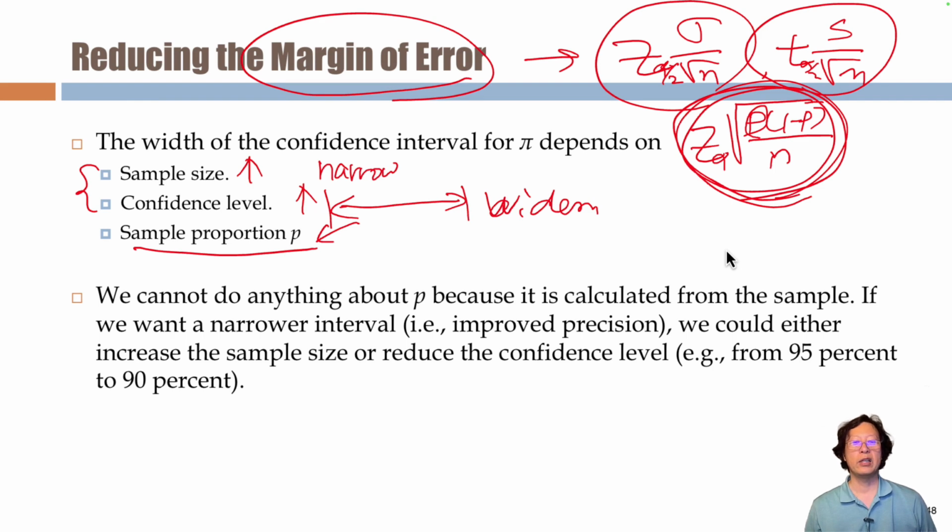But if you increase the confidence level, which means you have to make sure the population proportion will fall in between here, so you have to enlarge, I mean widen the interval. So you have to understand what happens to the interval when you increase the sample size, and what happens to your interval if you increase the confidence level.